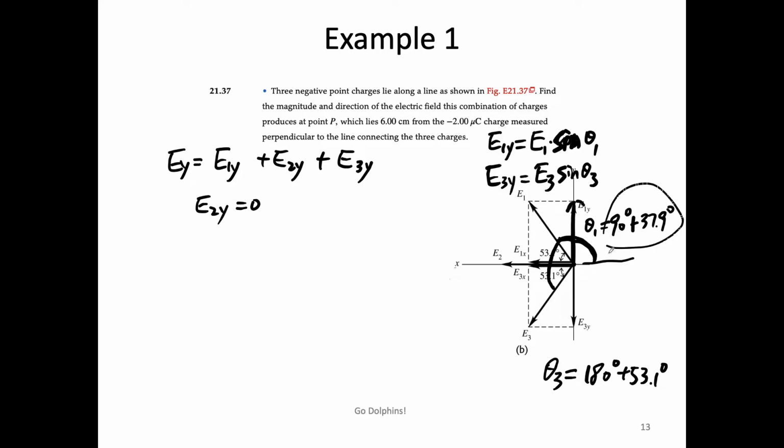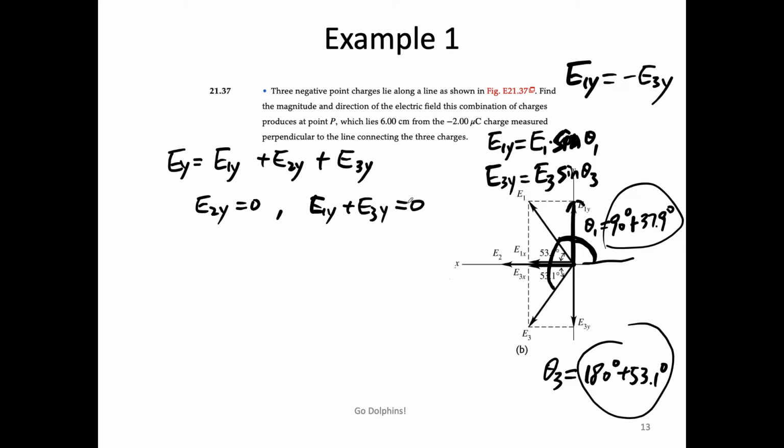If you plug in those two numbers, you will find that E1y equals negative E3y. So E1y plus E3y is 0, which gives us Ey is 0. So in the y direction, the sum is 0 if you add E1, E2, E3 together.